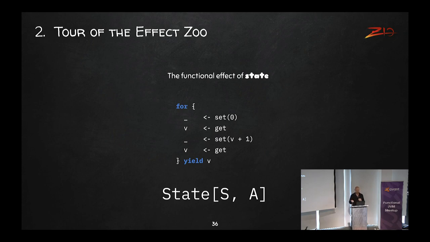It's setting a value to be 0, it's getting it, it's setting it to be 0 plus 1, and then it's getting it again. And if you actually run that functional effect, then you're going to end up with 1 out of that, which is what you would expect. It looks like procedural code, but it's in fact not. It's purely functional and it's operating on immutable data.